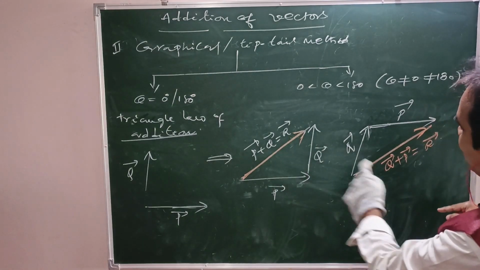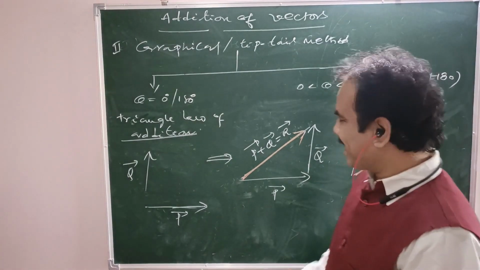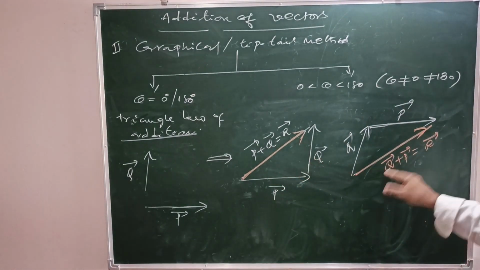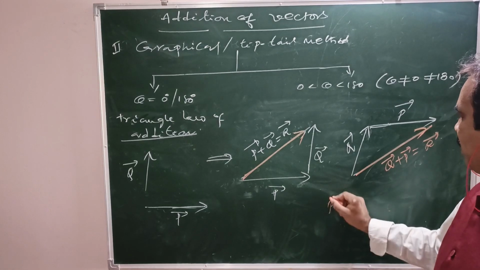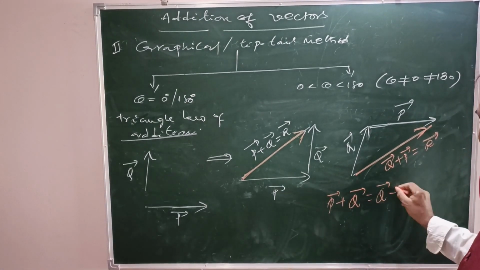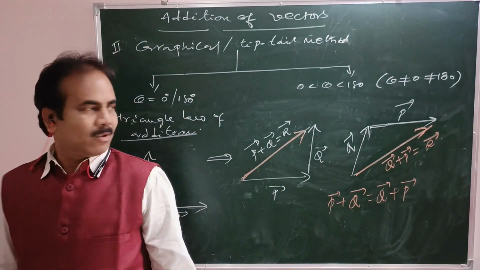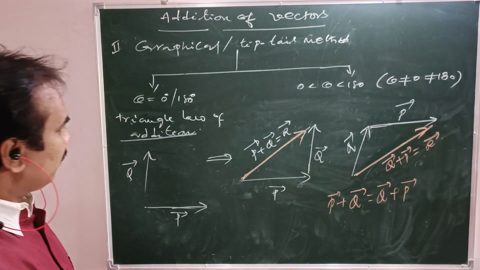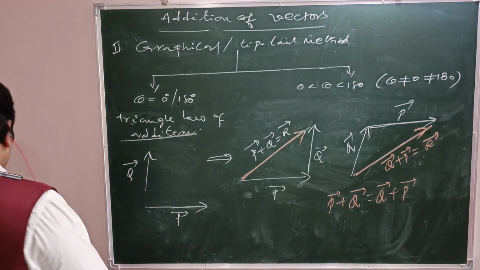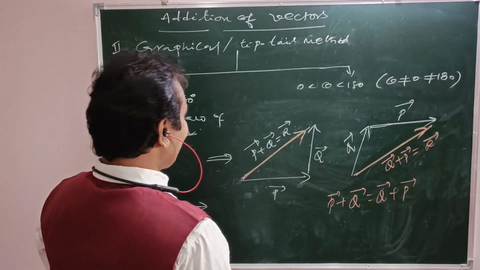Means these two are the same in both magnitude and direction. Once again, P bar plus Q bar equal to Q bar plus P bar. Means vector addition obeys the commutative law.